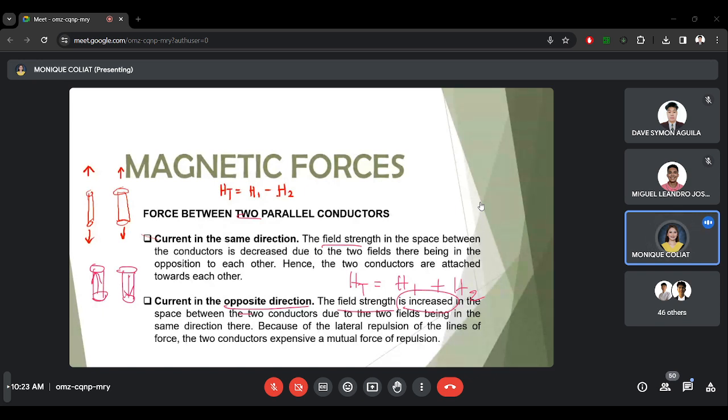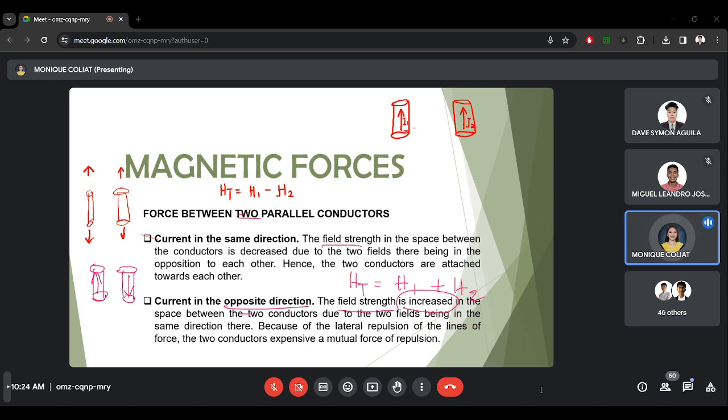Okay? Dahil ang kanilang current ay in the same direction. Ibig sabihin, let's say, ito yung conductor natin, magka-parallel sila. So, yung current nila na nagpa-flow dun sa conductor ay same ang direction. Let's say, current 1 here is flowing upward and also the current here.